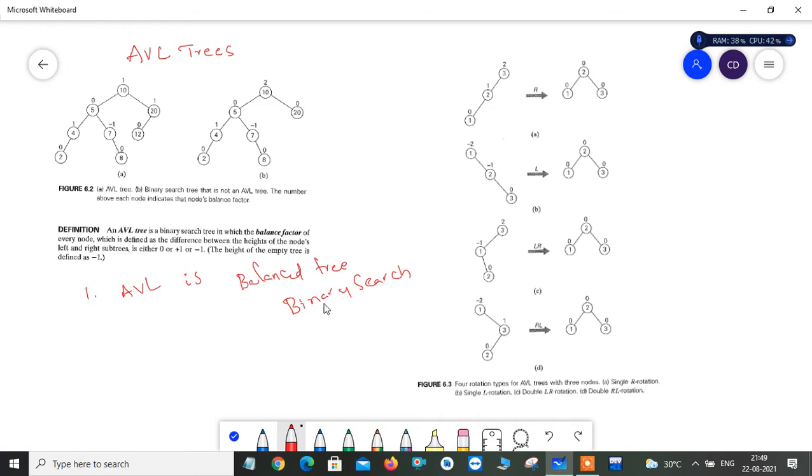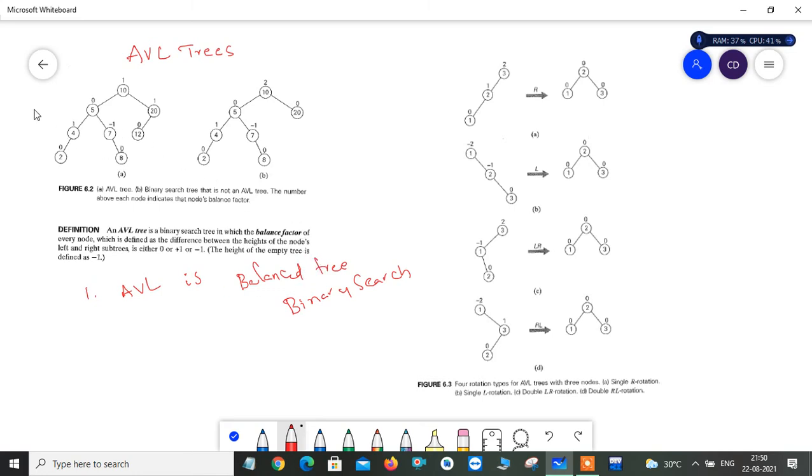The balancing factor of every node of your AVL tree can be taken as the difference between the heights of the left and right subtrees. This balance factor lies between 1 and -1, so the balancing factor for an AVL tree is either 0, 1 or -1.